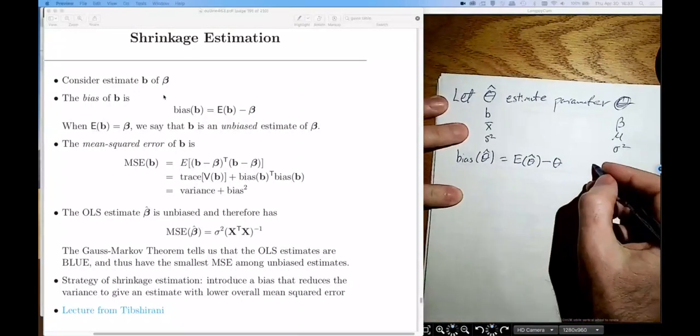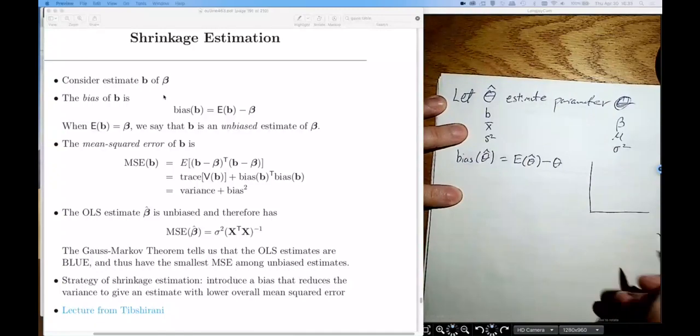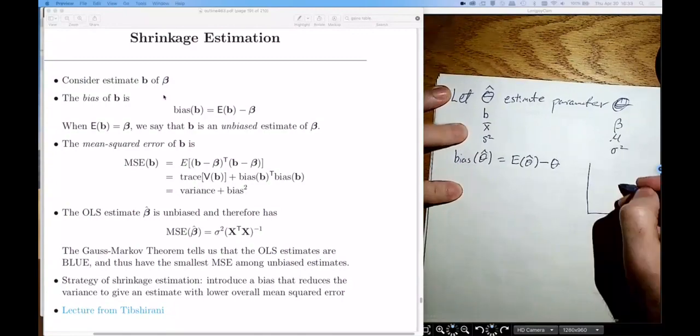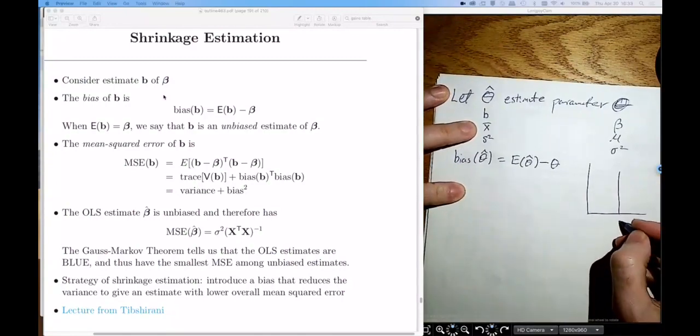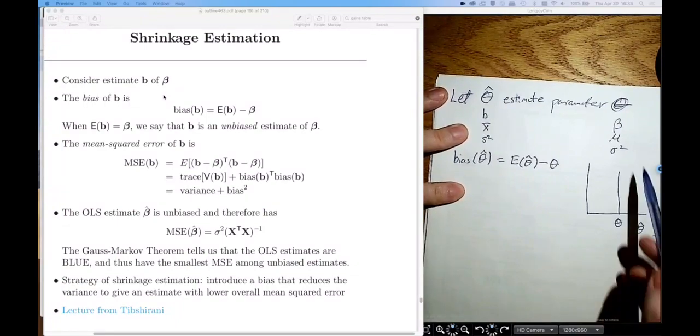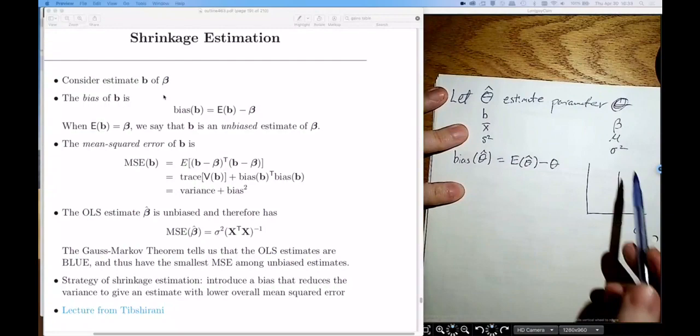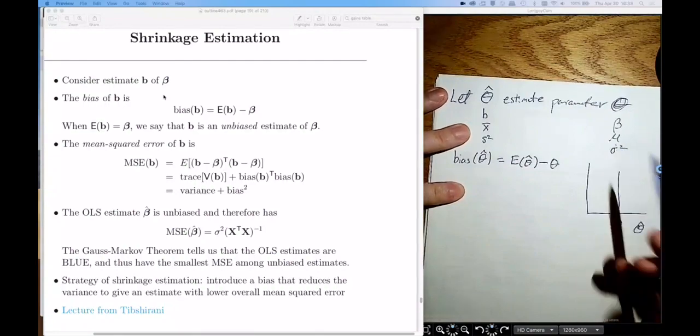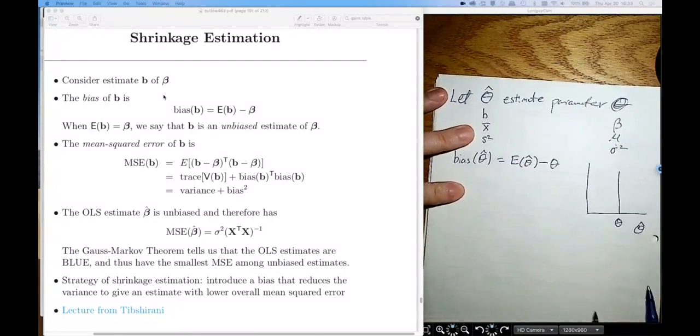I'm just going to draw a picture of the sampling distribution of some statistic. Let's say this is the true value of theta. If this helps to make it a little bit more concrete, theta could be a mean. If I could do a census on the entire population, I would know the mean, and that would be this value.